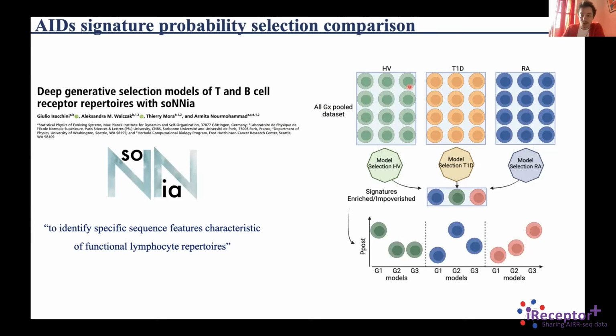So for each of our groups, the healthy volunteers, type 1 diabetes patients and rheumatoid arthritis patients, we split the cell subset. So we create a model by disease and by cell subset. With this model, we compute the probability of selection of our signature.